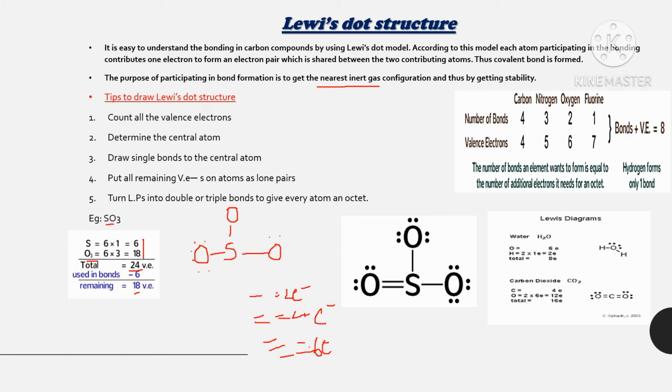Like that you write the remaining oxygen atoms, and see that each atom follows the octet rule. Octet rule means the atom must have 8 valency electrons. So here one oxygen atom has 6 valency electrons, and one is the bond pair electron.